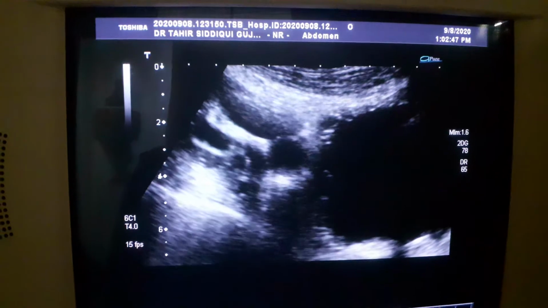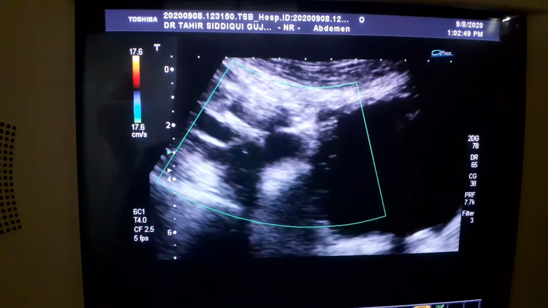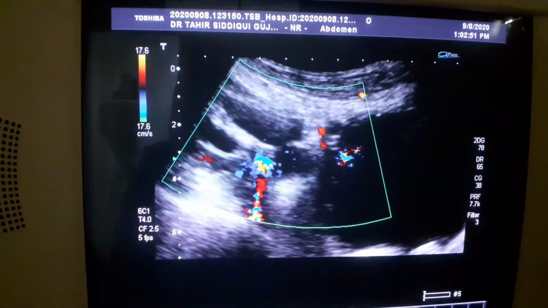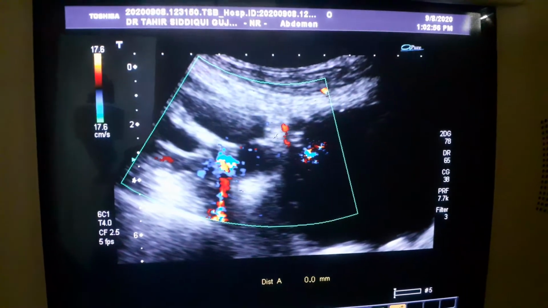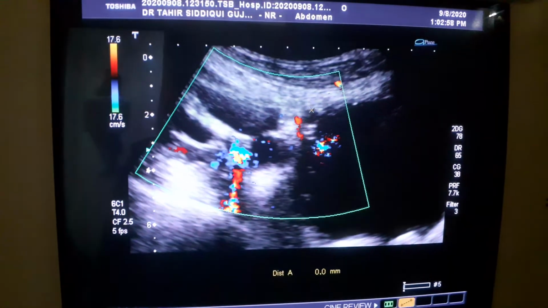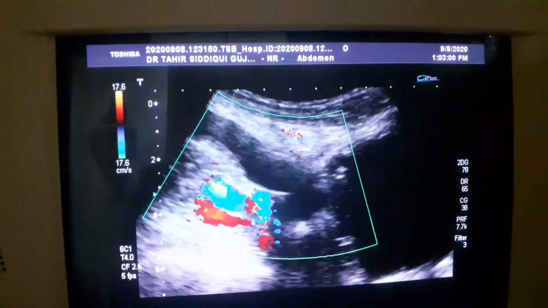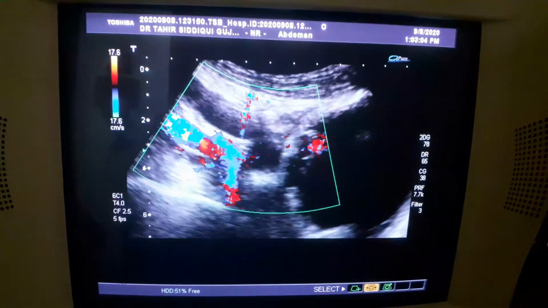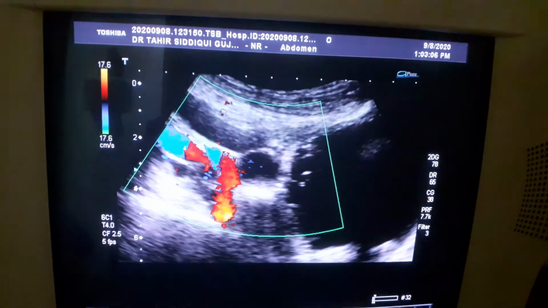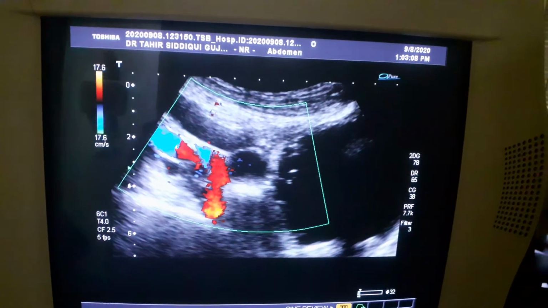The color I am showing you is just to show the area that I am saying is the dilated distal ureter, not a vessel. And see, this is the lateral wall of the urinary bladder, from where onwards it's blocked in this region.